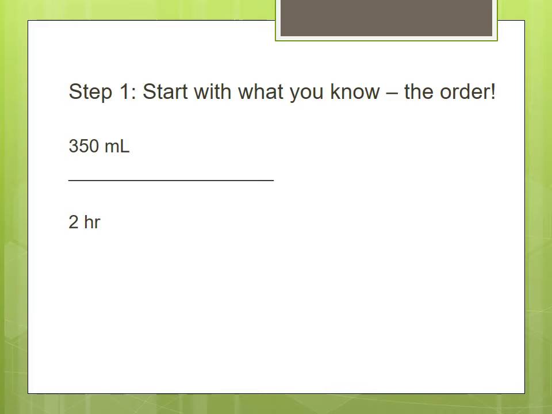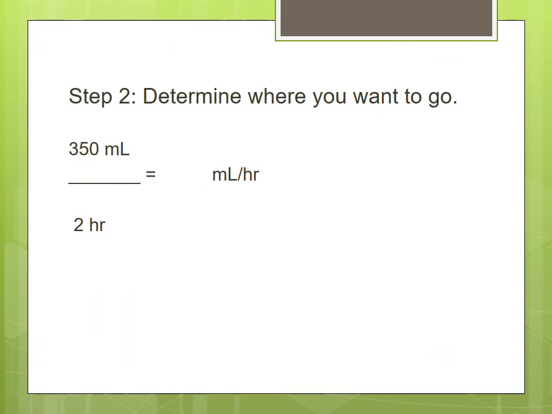Step 1, start with what you know, the order. You want to infuse 350 milliliters over a 2-hour period of time. Step 2, determine where it is you want to go. Because we are using an infusion pump, we know our answer will be expressed as milliliters per hour.